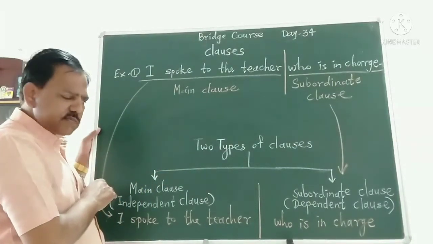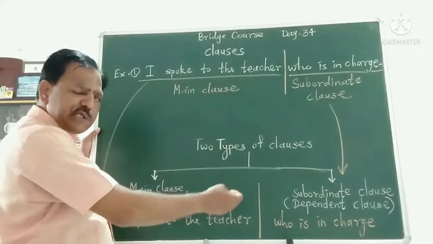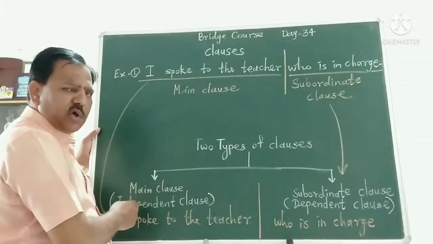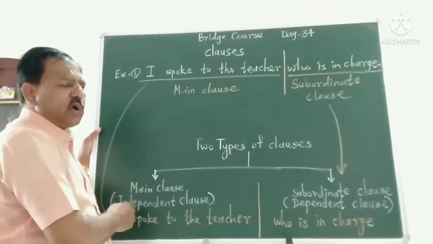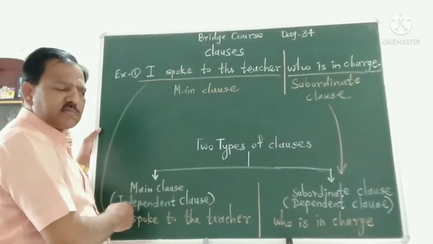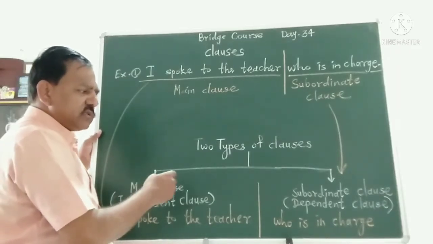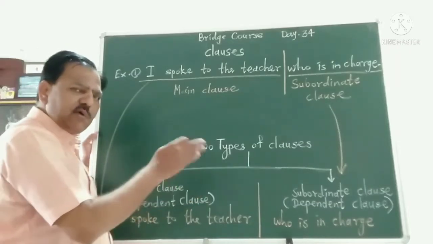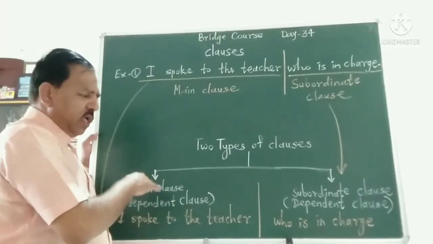When it tells something about the action of the verb in the main clause, then it is adverb clause. And when it gives more information about the noun or pronoun in the main clause, it is adjective clause.